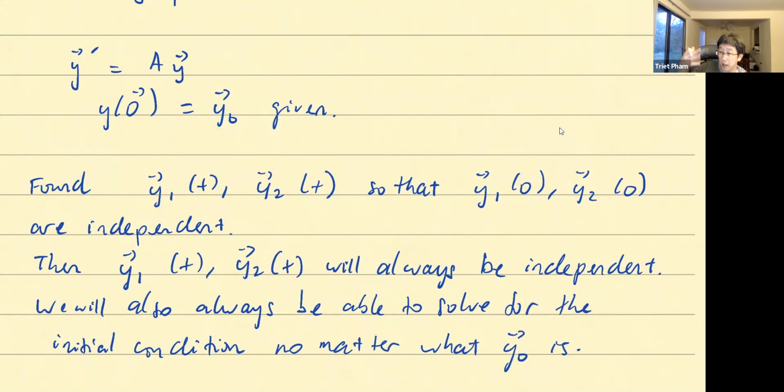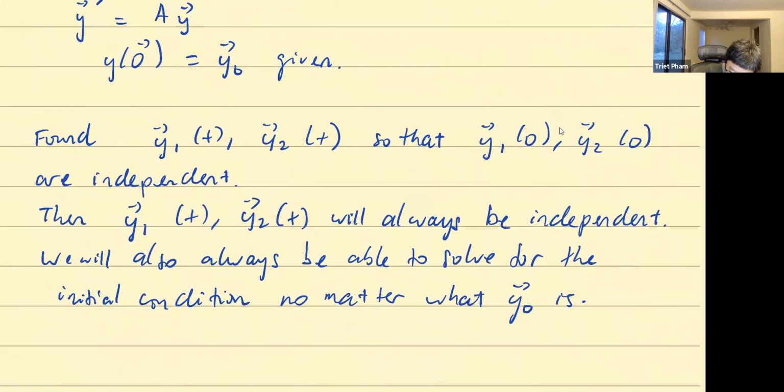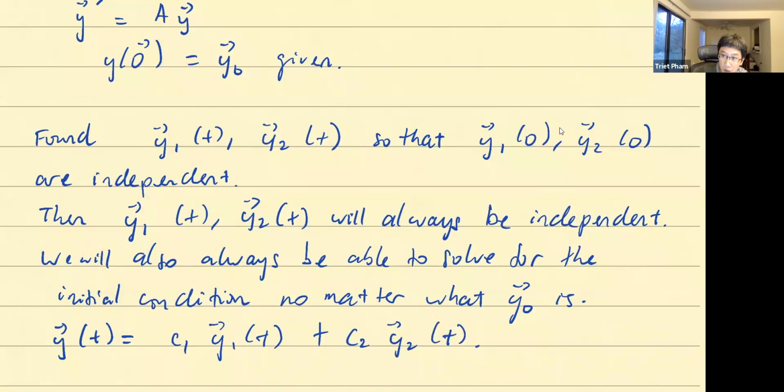Like your quiz, you solve for the initial condition, you solve for C1, C2. Same thing here. First of all, the linearity principle says that the general solution will be this. To solve for the initial condition, you need to decide what C1 and C2 are.